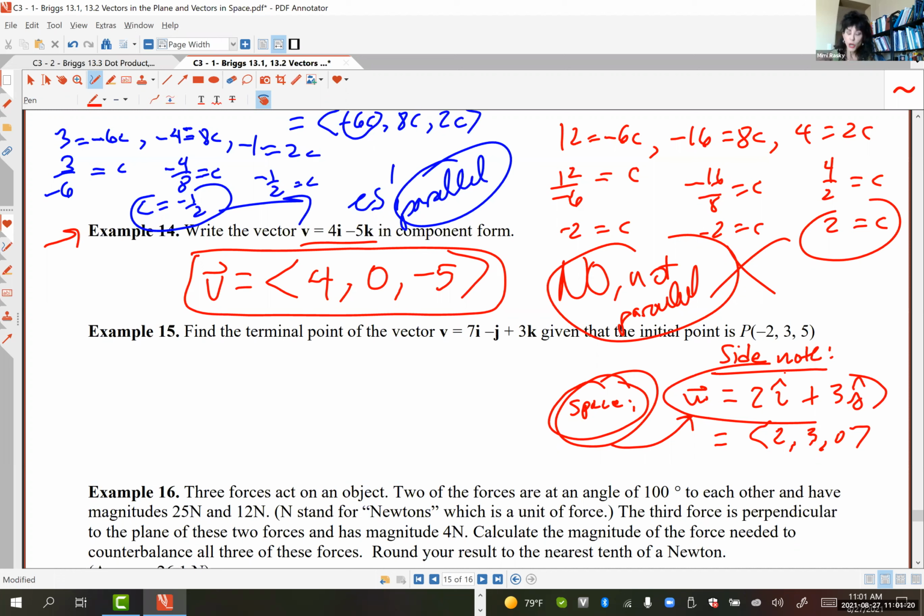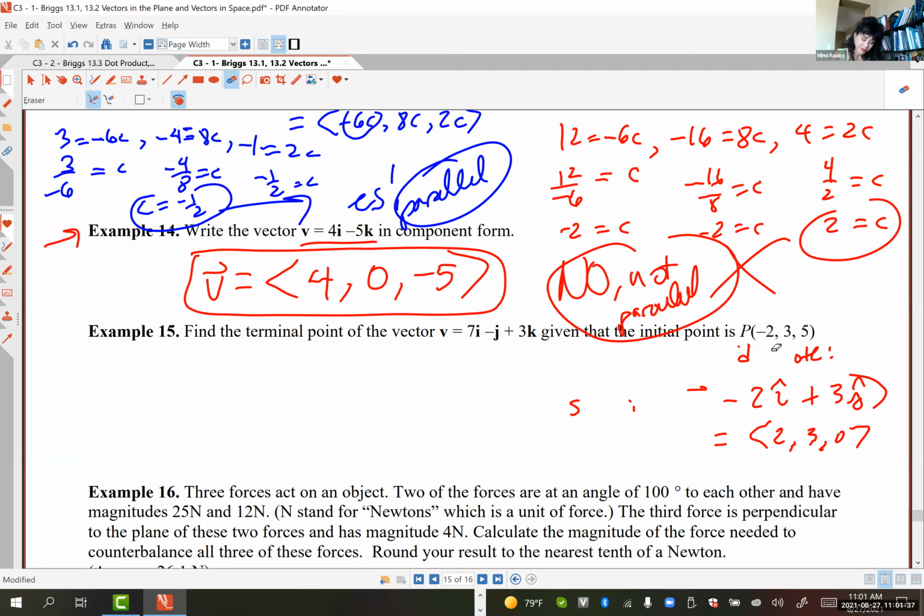You immediately know just by looking at it. And it's not altogether apparent if you're looking at the IJK version, if the K is missing. And that's why I prefer component form, folks. All right, I'm done with the side note. Let's do example 15.